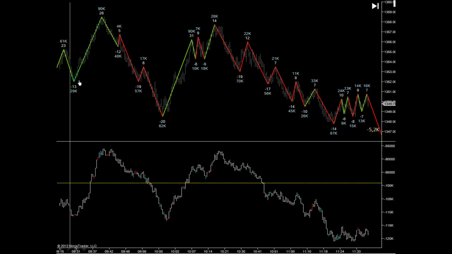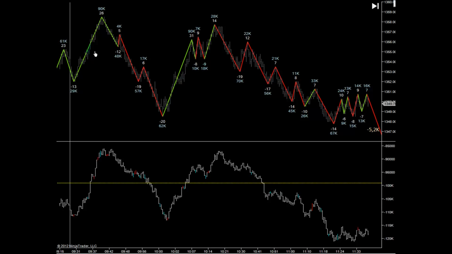Just to let you know how these are coloured, you're going to get a green bar on a swing up. And by the way, this is a free indicator that's showing the swings here. It's not something I sell. The swings are going to be coloured green if there's a swing up and the number of contracts traded in the swing up is greater than the last swing down.